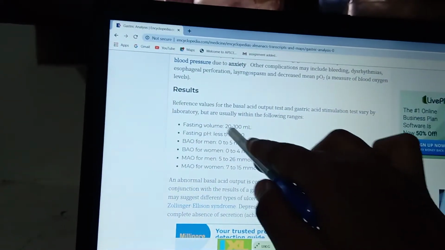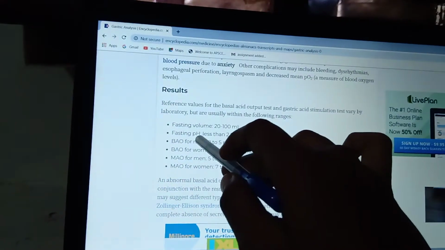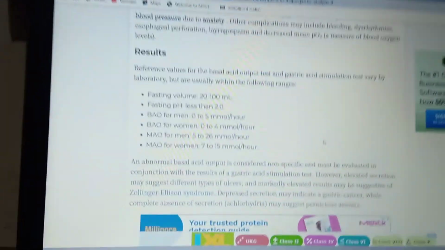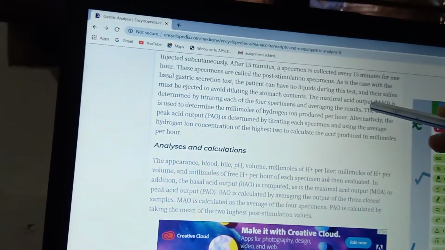Already, if the patient is fasting, the fasting volume normal value is how much? 20 to 100 ml. And fasting pH, when you are adding the substance, is less than 2.0. And the next one is basal acid. I have already shown you in your procedure: gastric maximal acid output and basal acid output.